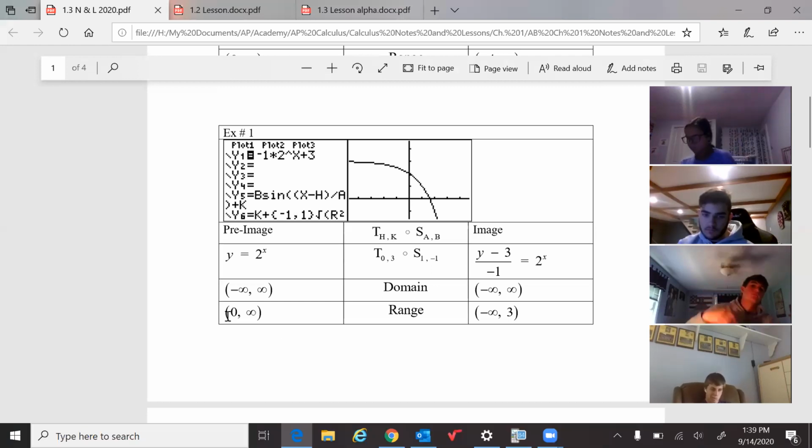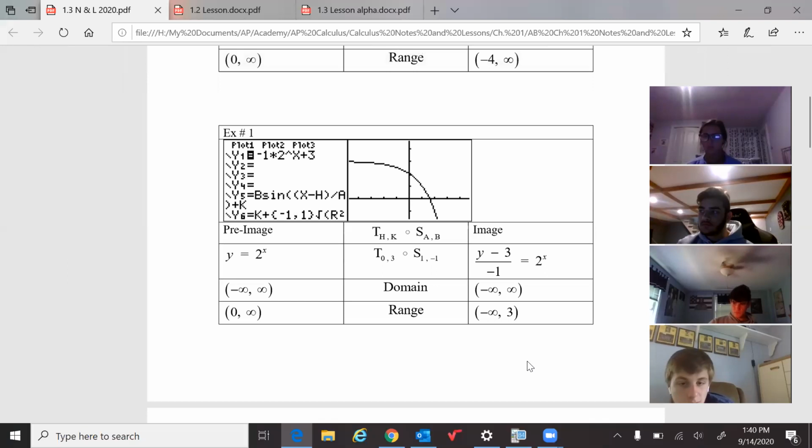So it's going to go from 0 to -infinity. And then you turned around and moved the graph up 3. So it's actually going from -infinity to 0. Sorry. And when you move the graph up 3, the range of the image would be -infinity to 3.